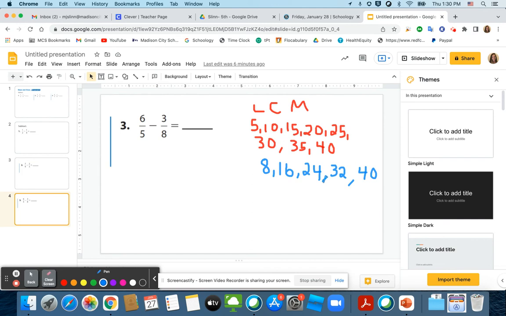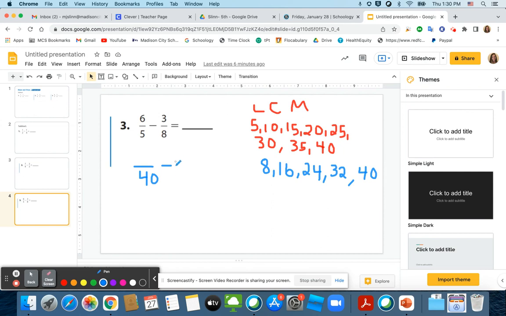If one of your denominators is not a multiple of the other one, then the fastest thing to do would be to just multiply them together. Yeah, that's what it said. If one denominator is not a multiple of the other one, then just multiply them together. That's the fastest way. Okay, so we're going to convert 6/5 to something out of 40.